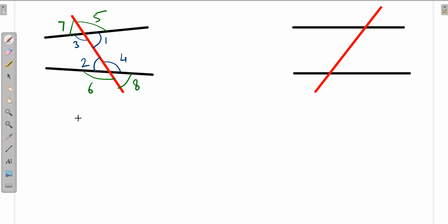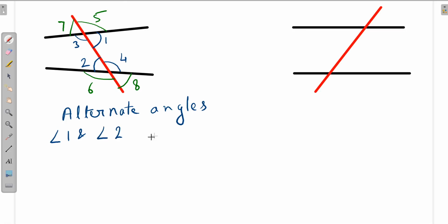Okay, so alternate angles. Angle 1 and angle 2 are the alternate angles. Then angle 3 and angle 4 are the alternate angles.